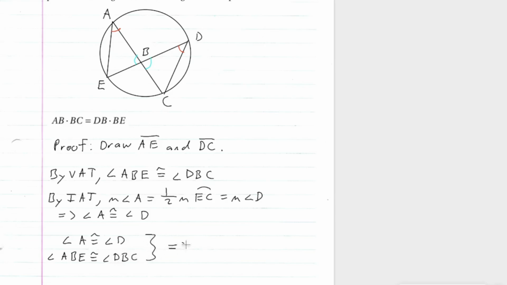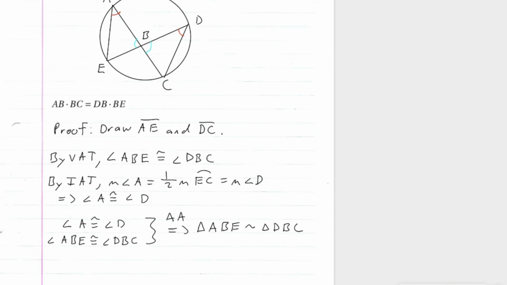So by angle-angle, this implies, so we have to make sure that the triangles line up. We know that A goes with D, so we'll have a triangle ABE will be similar to triangle DBC. So A goes with D, and then the B's go together, B, C, right?